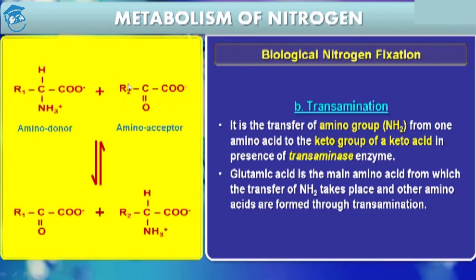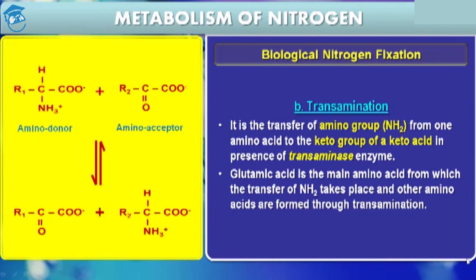That's why transfer of an amino group takes place between these two, amino donor and amino acceptor. That's why this is known as transamination. So this is how it is. That means, see, R1CO, this CO comes here in this place, and this goes into this place. See, CH and NH3 plus.